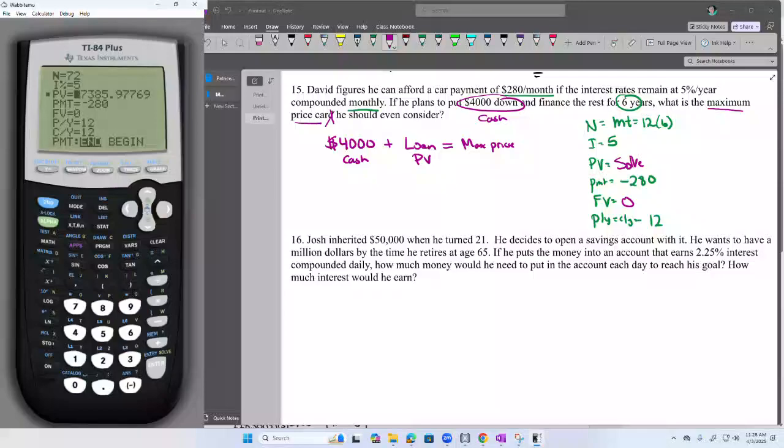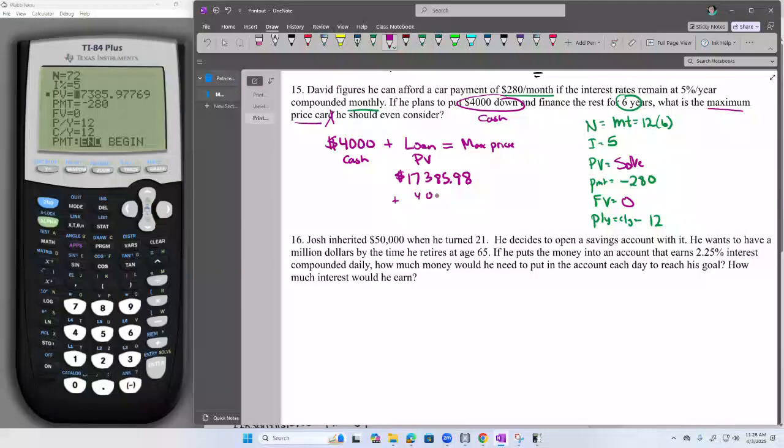So the loan amount he can afford, if these are the payments he can afford, then the biggest loan he can take out is $17,385.98. So I'm going to add that to 4,000, and we get $21,385.98 is the maximum price he could pay.